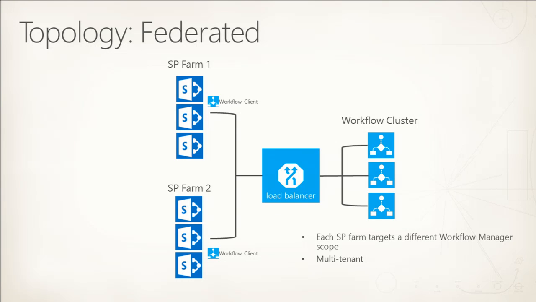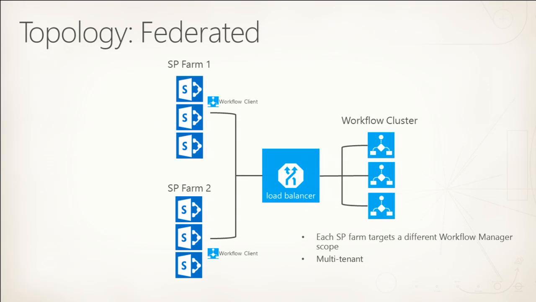In this release, we recommend a maximum of 3 nodes of workflow. For high availability and load balancing, we would recommend 3 nodes. We really don't see a need to go much higher than that. That should be more than enough processing power for even the largest workflow scenarios.